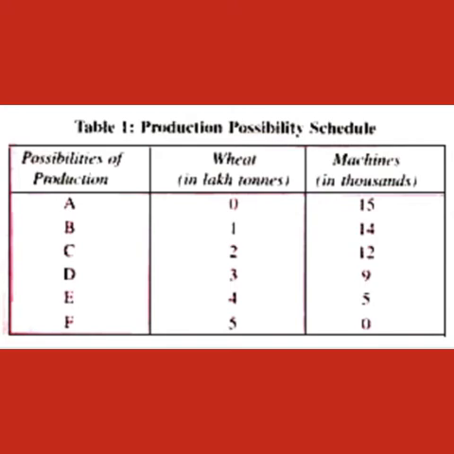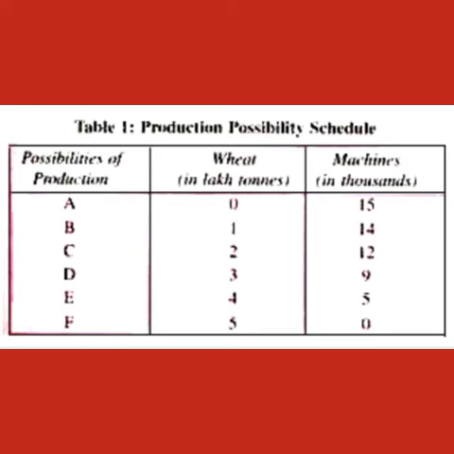So this figure illustrates the production possibilities of the economy. And here in this production possibility curve, we can see it gives the combinations of the wheat and the machines that can be produced when the resources of the economy are fully utilized.